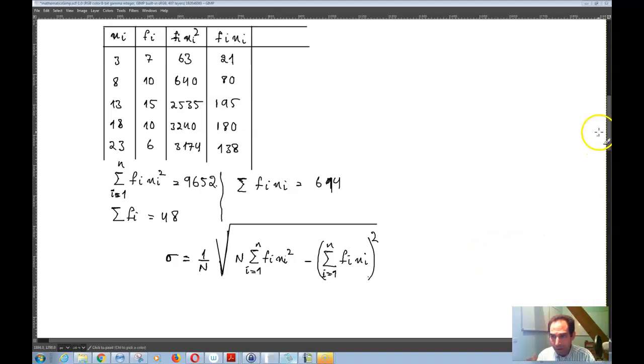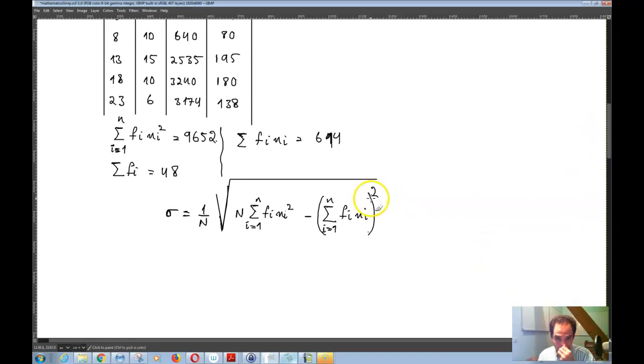So the next thing that we need to do is put everything in this formula. And of course I need to calculate this whole thing.